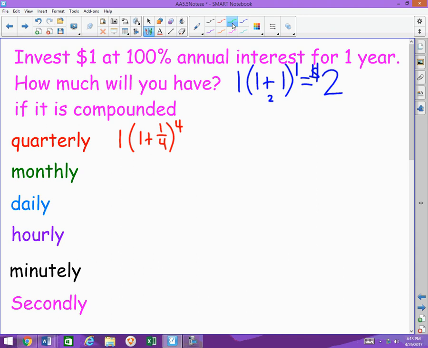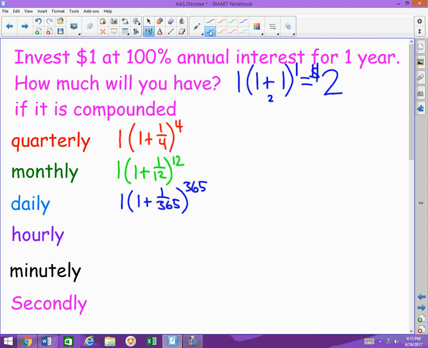For monthly, it would be 1 times 1 plus 1 over 12 to the 12th power. For daily, it would be 1 times 1 plus 1 over 365 to the 365 power.